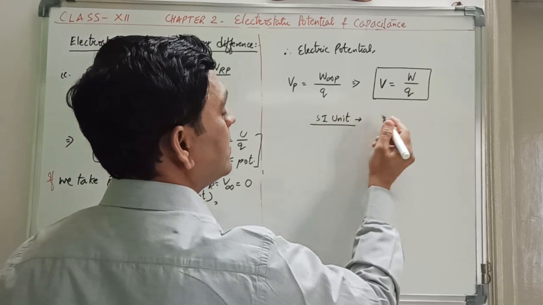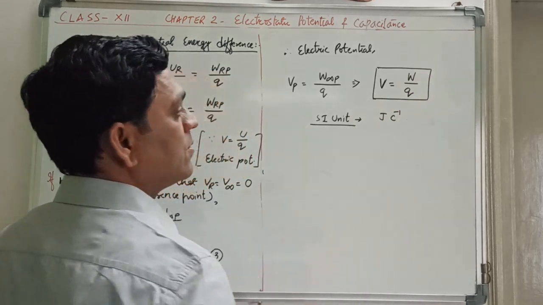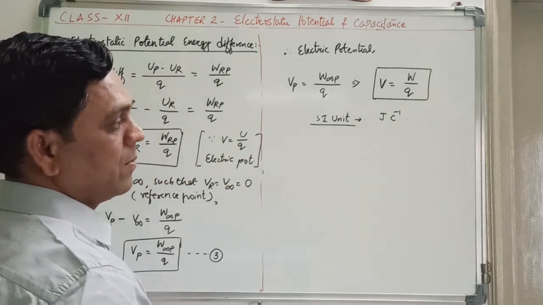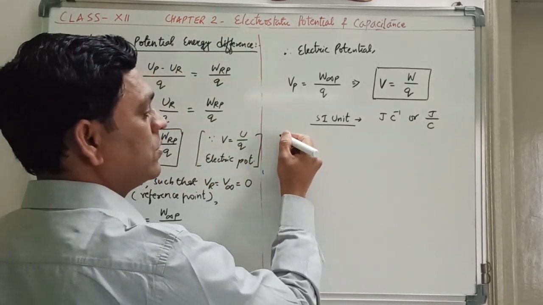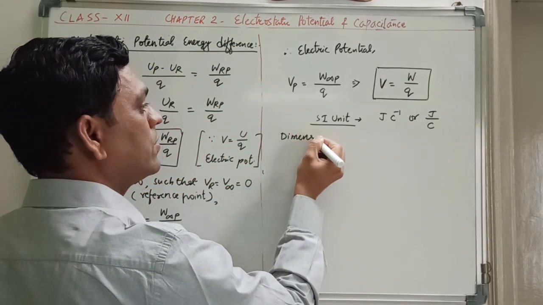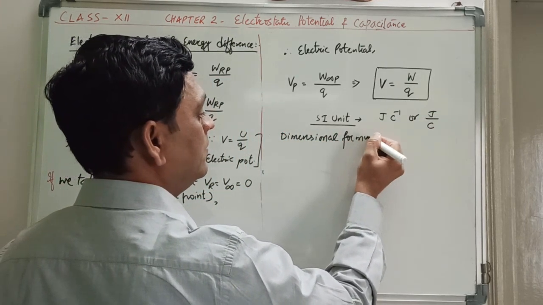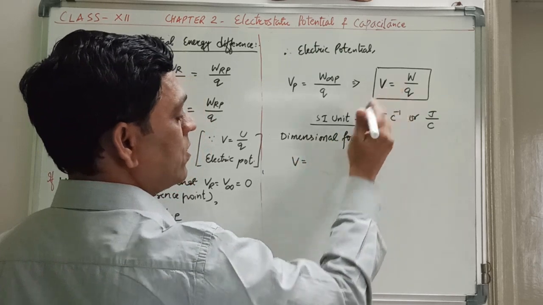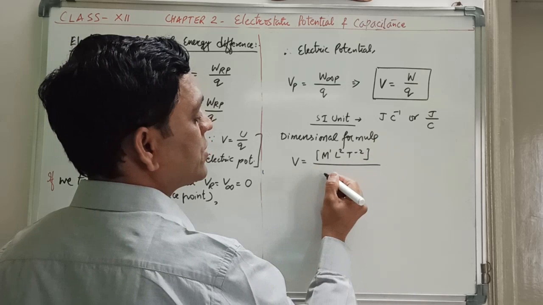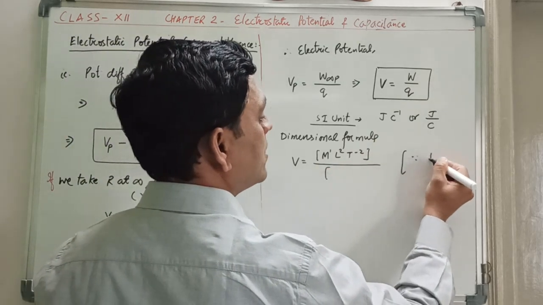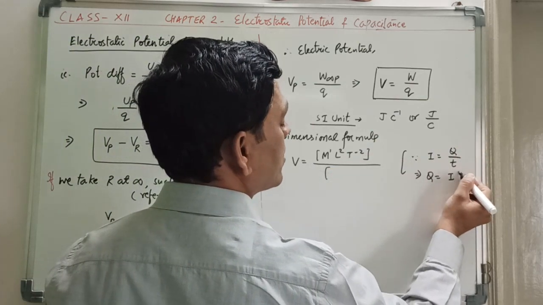Correct? So from this formula, you can write the SI unit of the electric potential. SI unit will be, for W we write joule, for charge we write coulomb. So it becomes joule per coulomb. If you write the dimensional formula for the potential, since V is equal to W upon Q, for W we write M1 L2 T minus 2, and for charge: since current is equal to charge upon time, charge is equal to current into time.